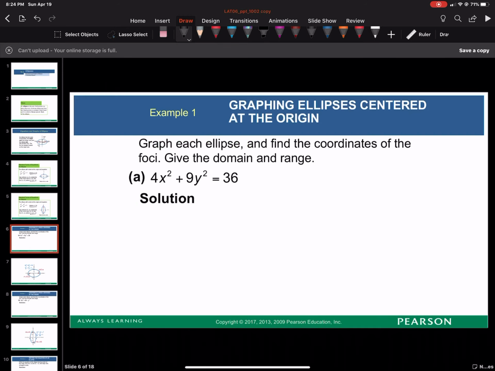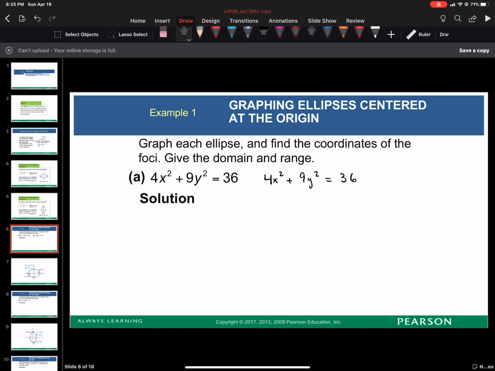So let's look at a question. It says, graph each ellipse, find the coordinates of the foci, and give the domain. They gave us 4x squared plus 9y squared equals 36.